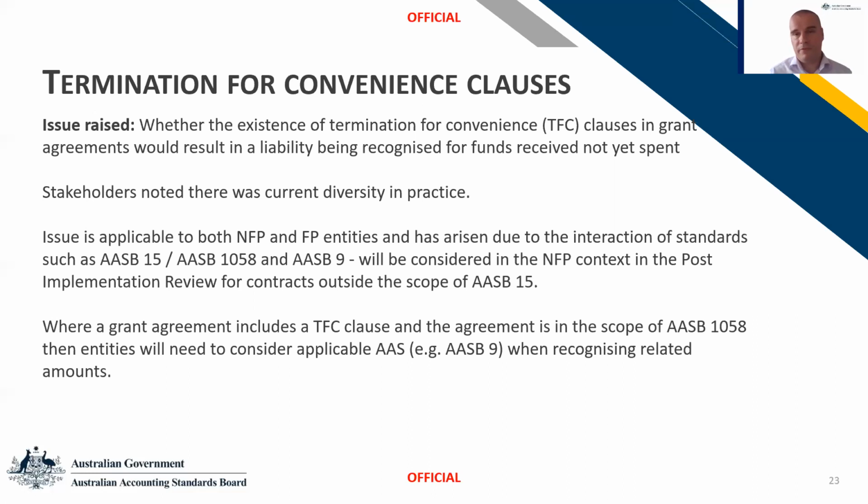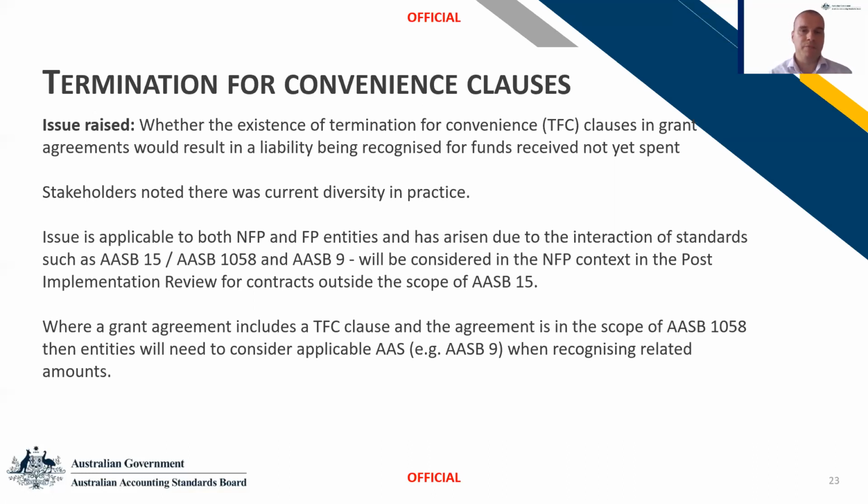For example, for financial instruments, the entity needs to take into account those requirements, and if the contract is, for example, in scope of both AASB 15 and AASB 9, then the entity needs to allocate the transaction price accordingly, given the interaction between those two or more standards.